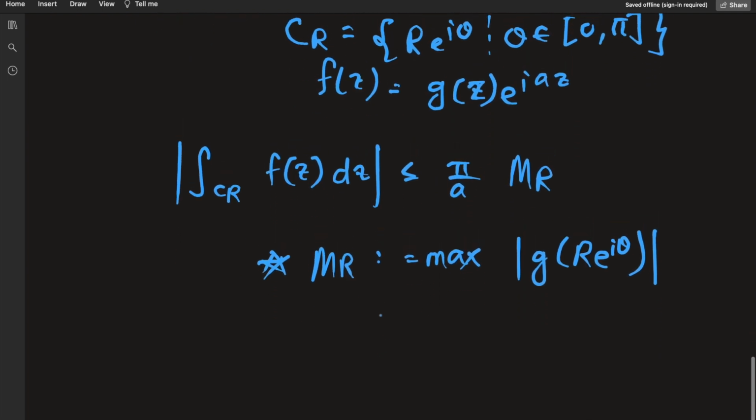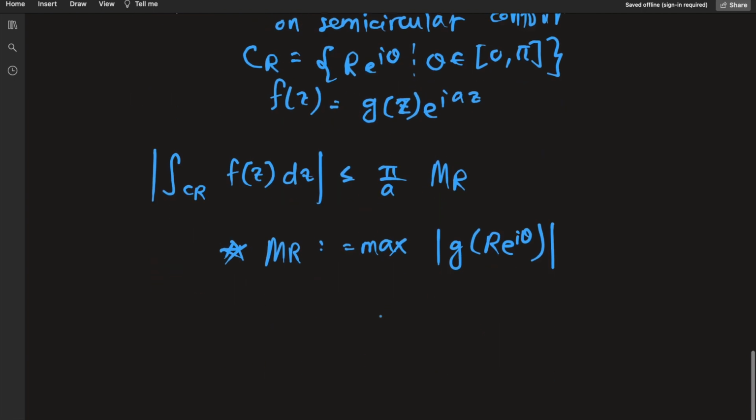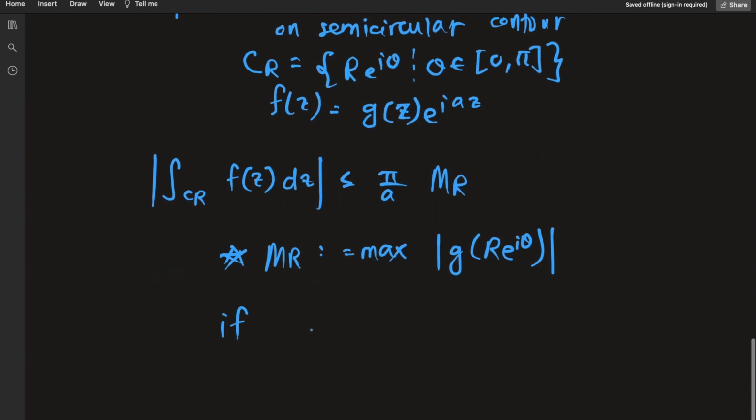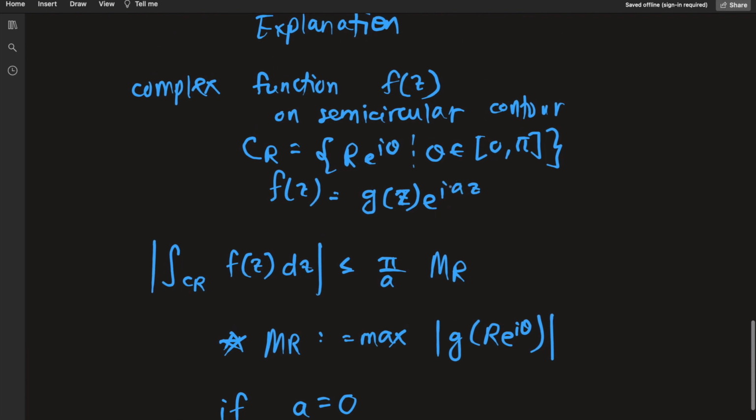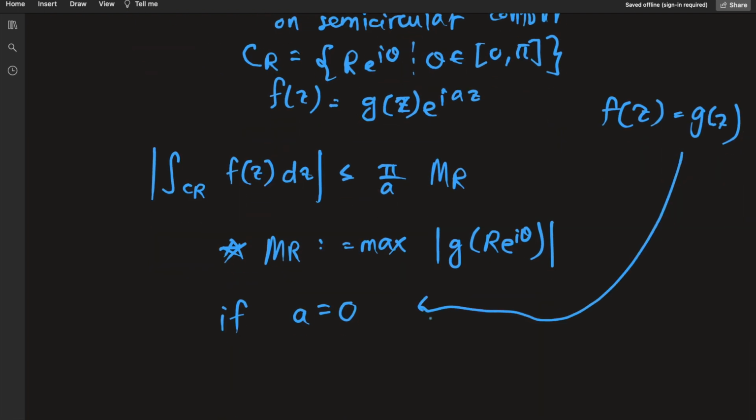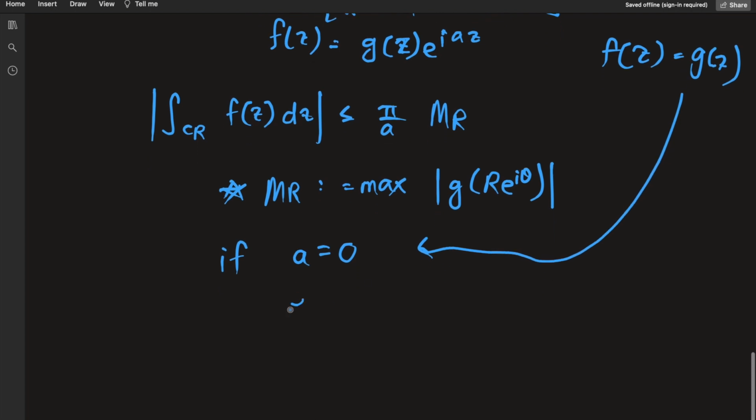Now, another thing to note before going on is, if a is equal to 0, a was this guy over here, then the exponential part will become 1, so f of z will just become g of z when a is 0, and that's when we need to use the estimation lemma. So the estimation lemma, or rather a raw version of it, was what we were using all this time in all my videos to show that the integral over the semicircular arc went to 0.